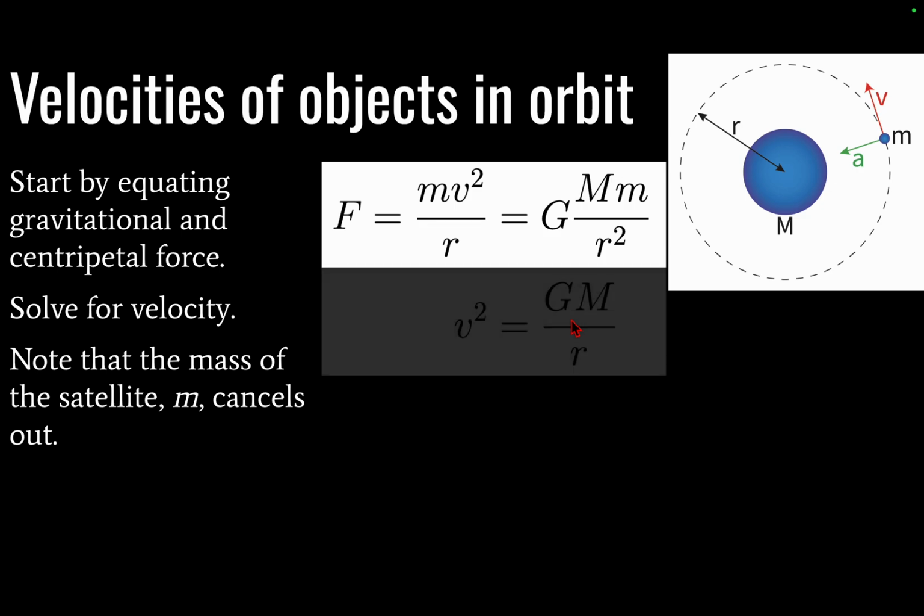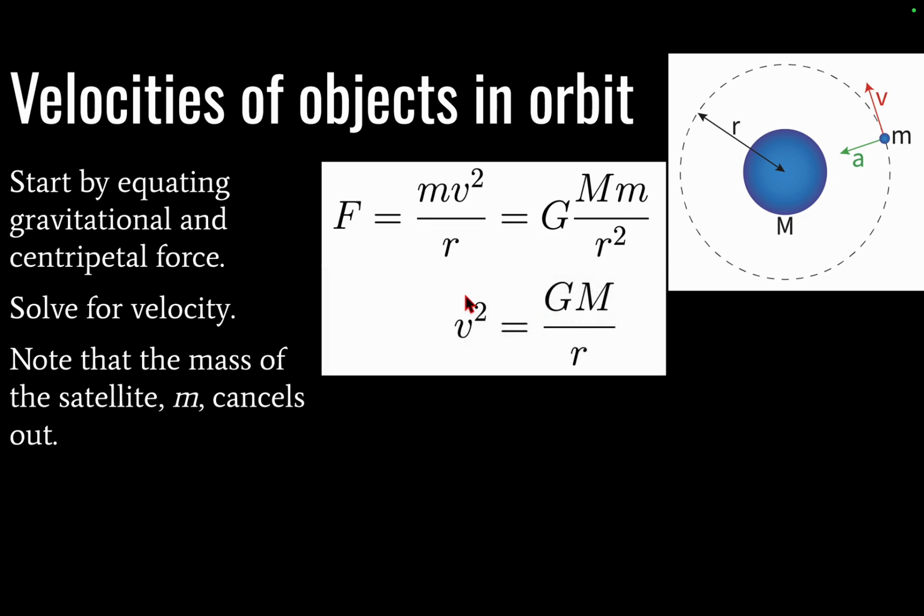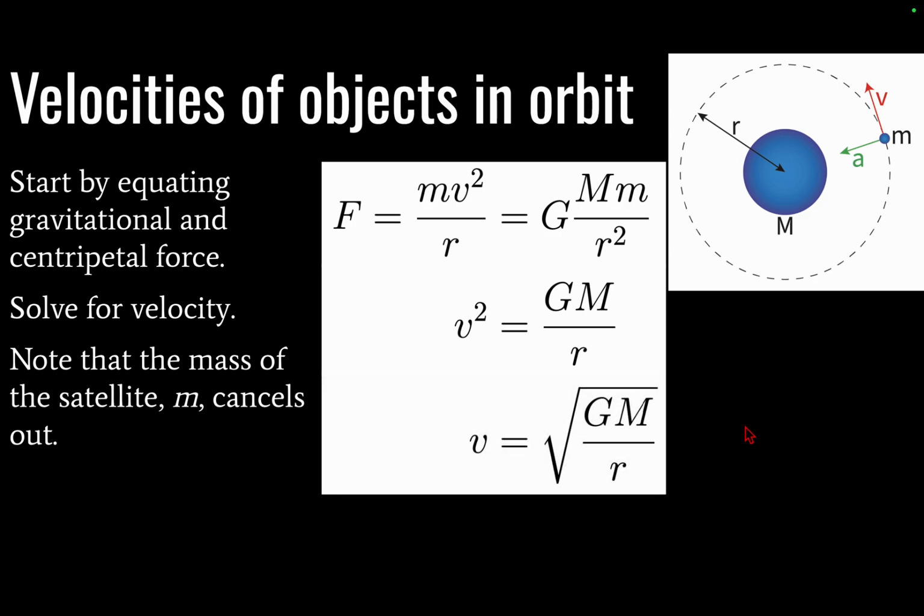So doing very little algebra, we get to this convenient formula in which velocity squared is equal to the gravitational constant times the mass of our large body divided by radius. And finally, we apply a square root to both sides, and we get this equation for orbital velocity.